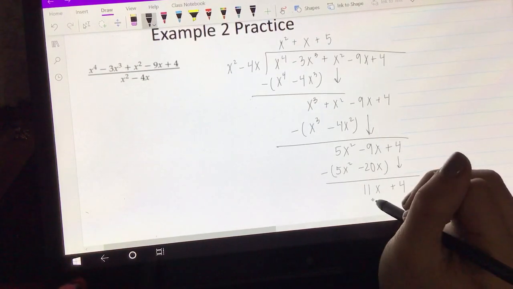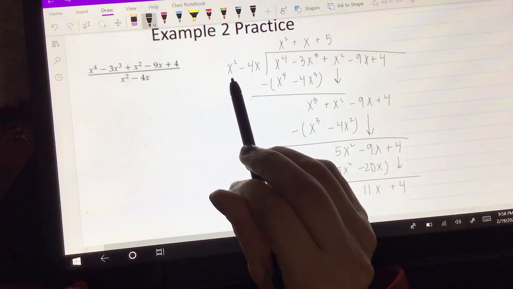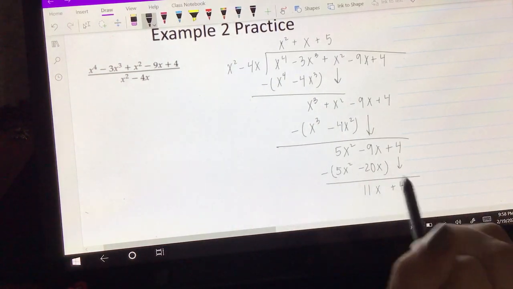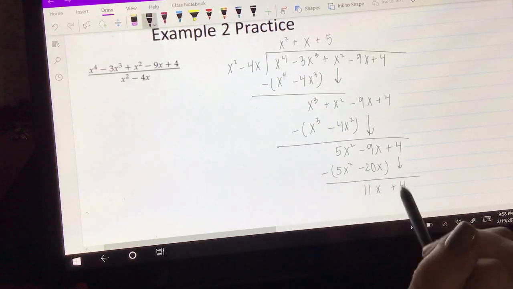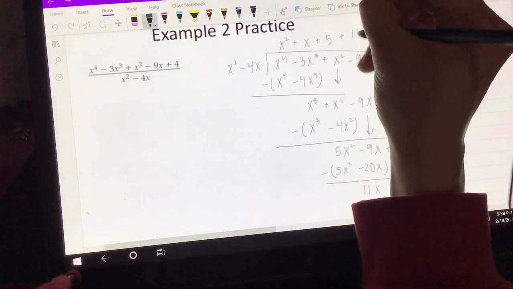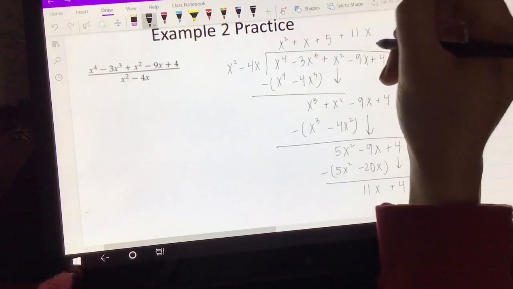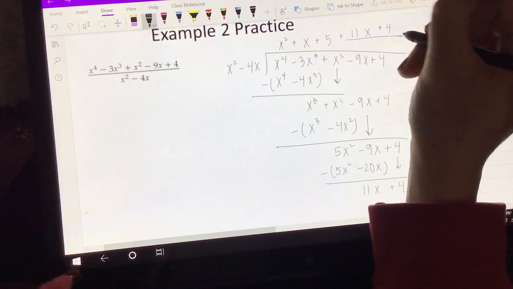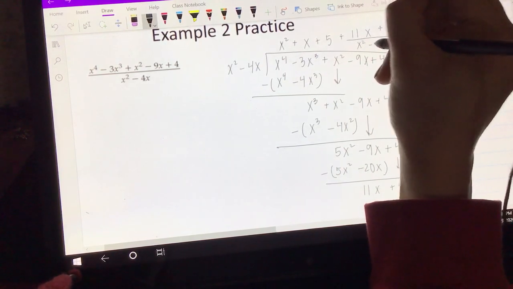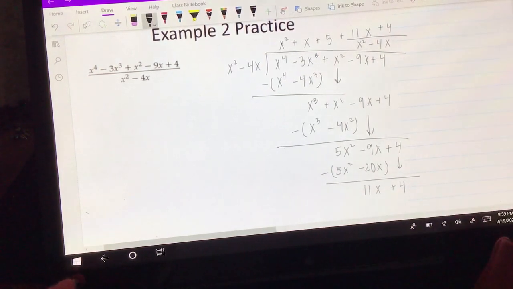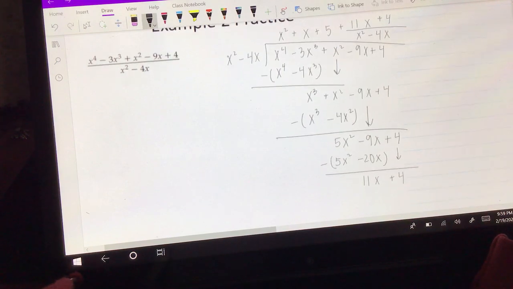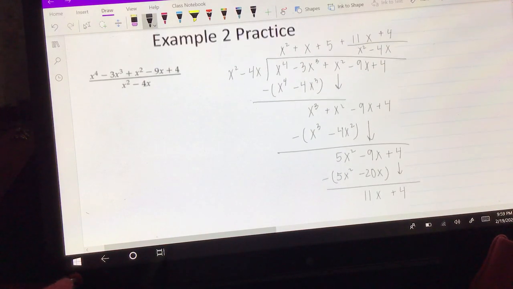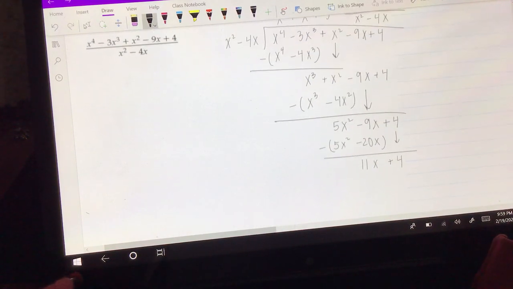Finally, we're finished because 11x does not divide by x squared, so that leaves us with this as our remainder. So that means 11x plus 4 over x squared minus 4x. So let's rewrite this.